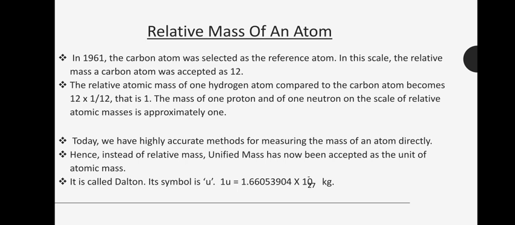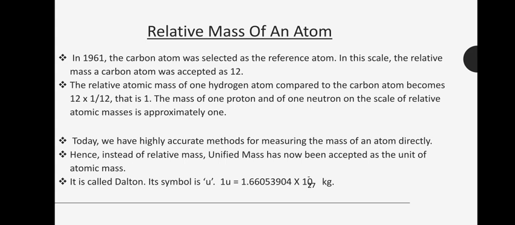So how are we calculating the relative mass? Initially we considered hydrogen, right, which had 1 as the atomic mass. Now here we have considered carbon, which has 12 as the atomic mass. So if we take again the mass of 1 proton and 1 neutron on the scale of relative atomic masses, it will become 1 again. Followed?